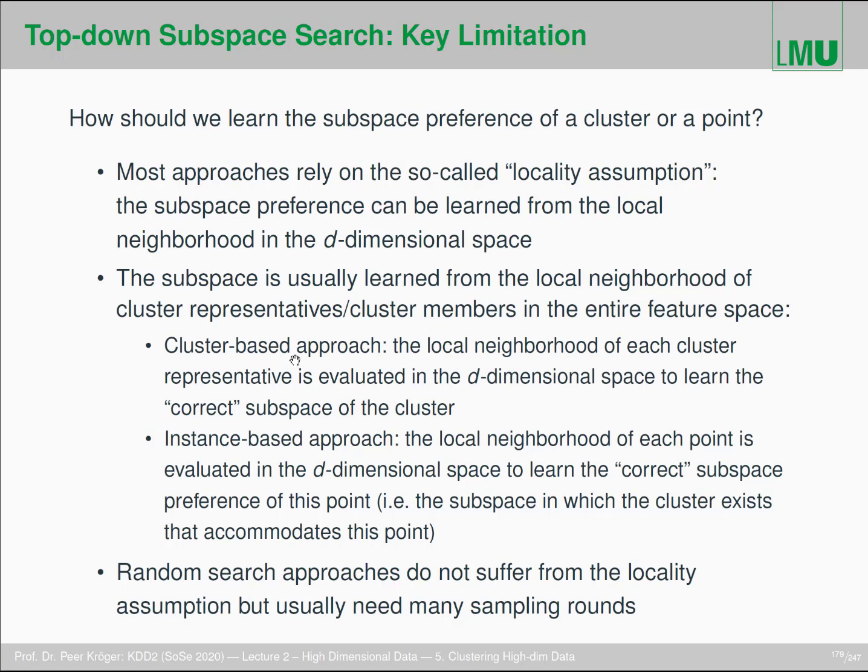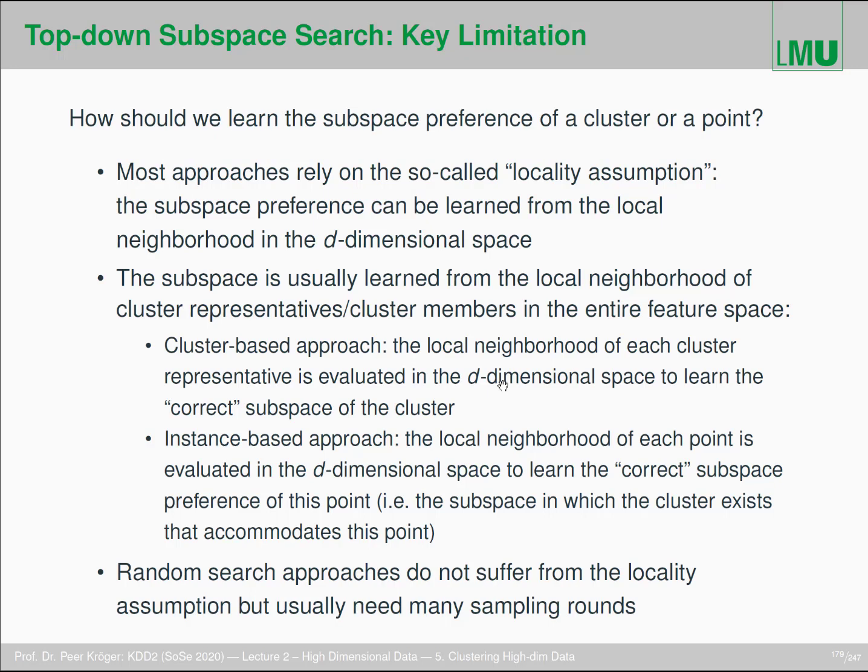So for the cluster-based approach, the local neighborhood of each cluster representative is evaluated in the full dimensional feature space in order to learn the subspace of the cluster, where this cluster is really accommodated. And as I said, that's obviously a contradiction to the curse of dimensionality, saying that in the full dimensional feature space we don't find anything.